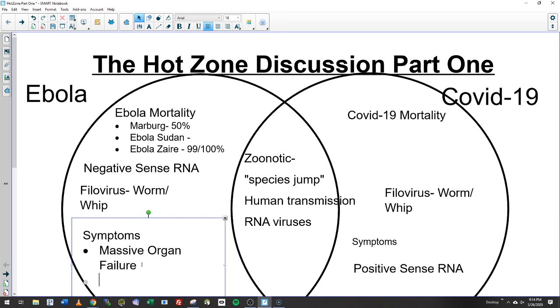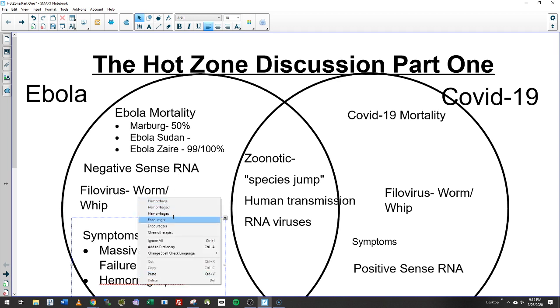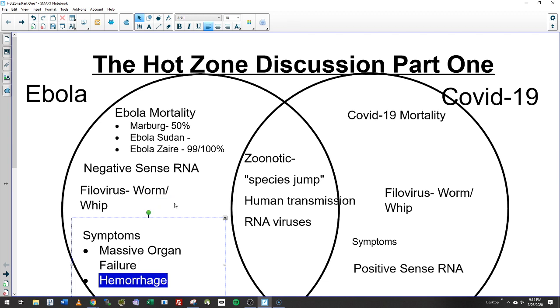You are basically turning into soup from the insides. This is a hemorrhagic fever, a hemorrhagic virus. This is so not spelled right. Thank God we have spell check tonight. Hemorrhagic.